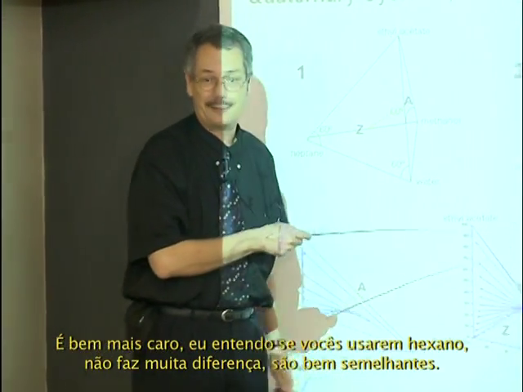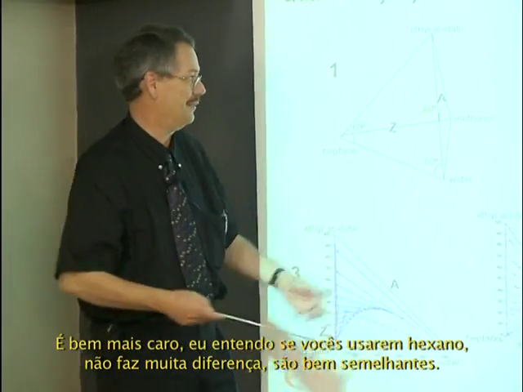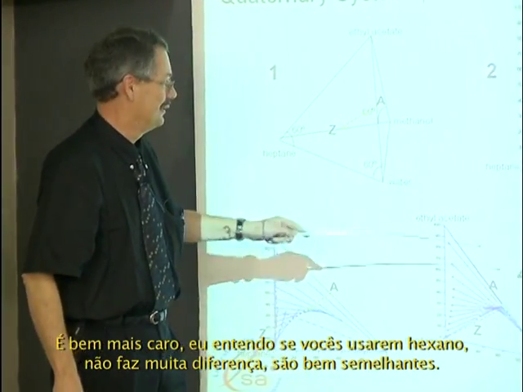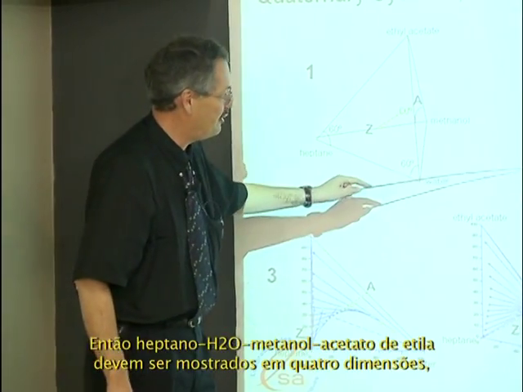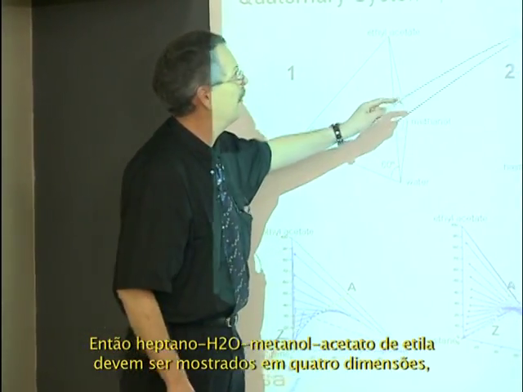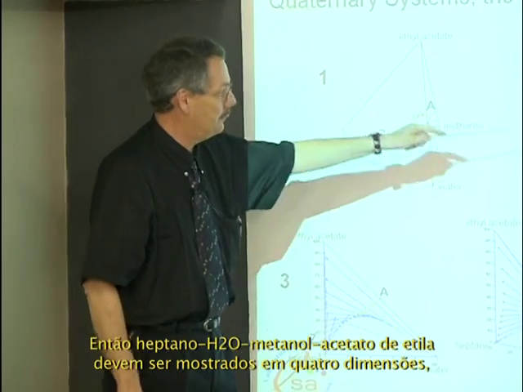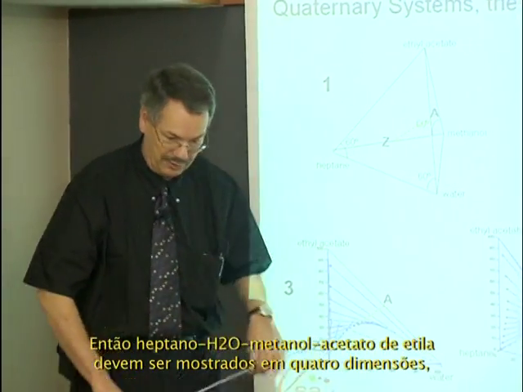It's much more expensive, so I understand if you use hexane, but it doesn't make big difference. It's very, very similar. So heptane, water, methanol, and ethyl acetate. It must be shown in 4-dimensional.